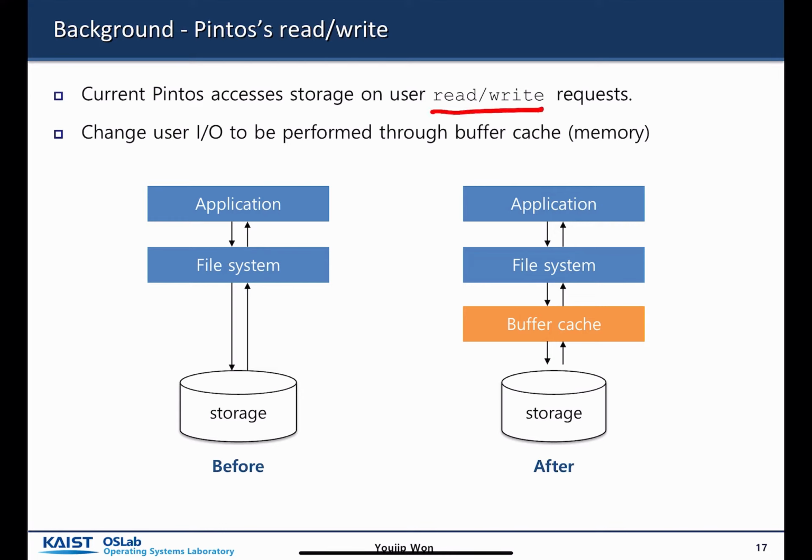So we have to change the user I/O to be performed through buffer cache, and we are going to add buffer cache layer here. This is before you implement the buffer cache, and this is after you implement the buffer cache.